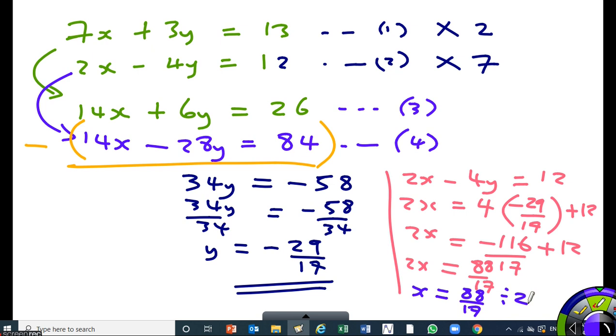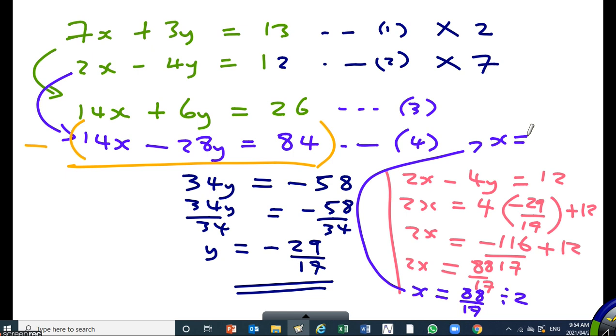So our x is going to be equal to 88 over 34, which is the same as 44 over 17. Okay, and then we are done.